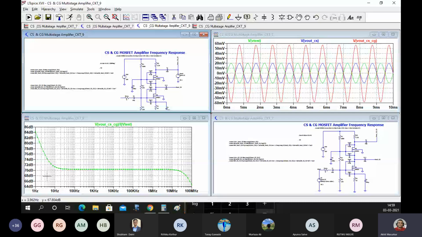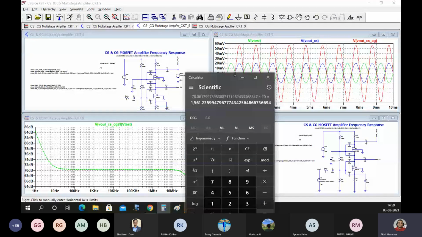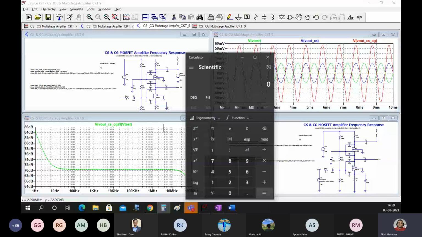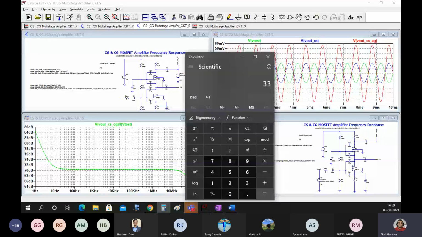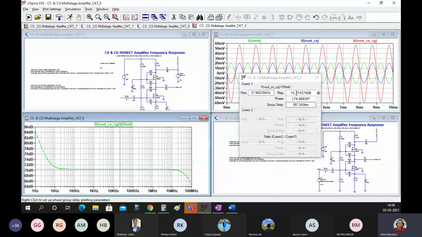Now let's check whether this is okay or not. I mean, you should always check. What we are expecting is our output was 3.3, so RD. So log of this into 20. So you are getting something 70.37. And if you just click on this and click here, you can see this is also 70.37.